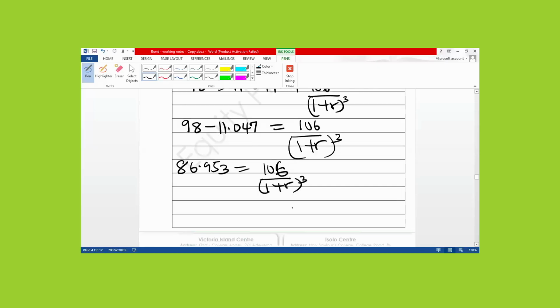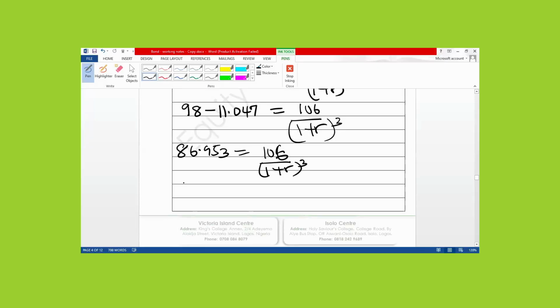What do we do, mathematician? We cross multiply. 86.953 multiplied by 1 plus r raised to power 3 is equal to 106.